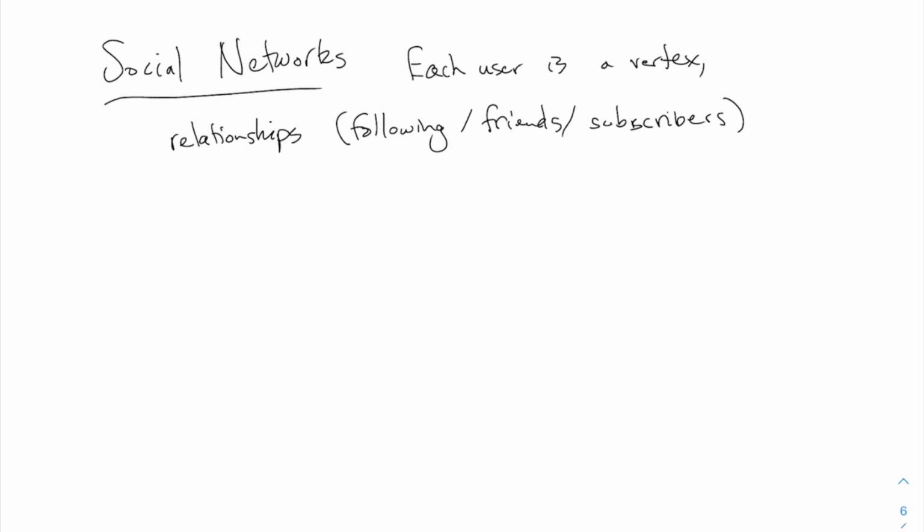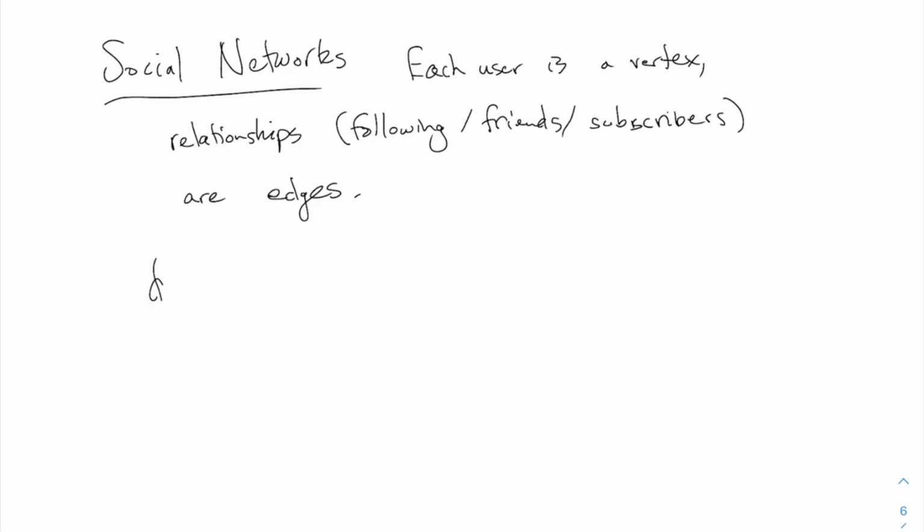But anyway, each user is a vertex, and all of those individual relationships are edges on the graph. And you can ask all the usual questions about what degree represents in a social network, somebody with a high degree versus somebody with a low degree. Somebody with a low degree has very few connections, which means they don't have a lot of friends, or they don't follow a lot of people, or not a lot of people follow them.